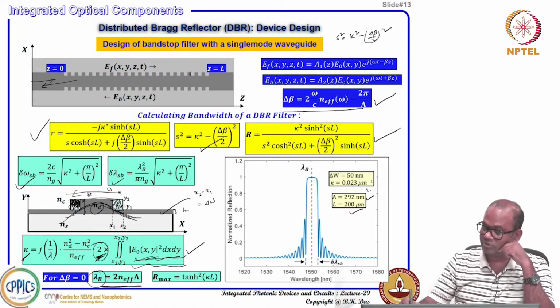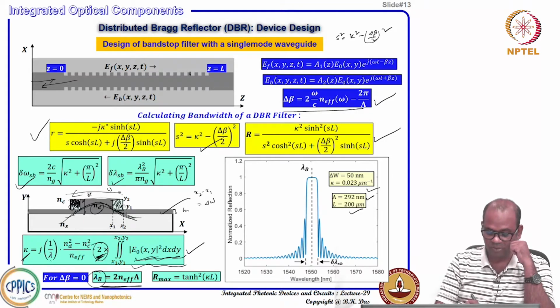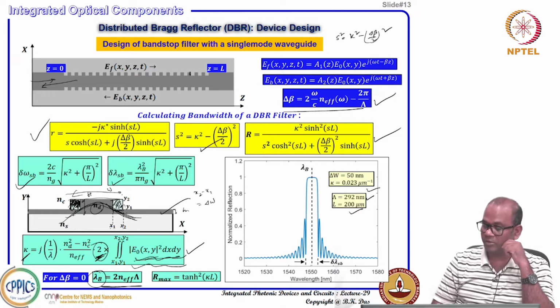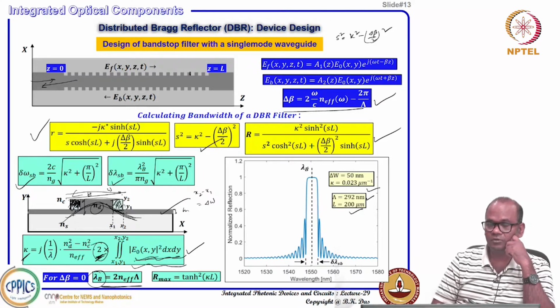I get a kappa of about 0.023 per micrometer. Obviously this will be per micrometer, since lambda is in micrometer dimension. So considering the period of 292 nanometer and the corresponding N effective for this waveguide dimension, the Bragg wavelength you get is exactly at 1550 nanometer for the given design, right.